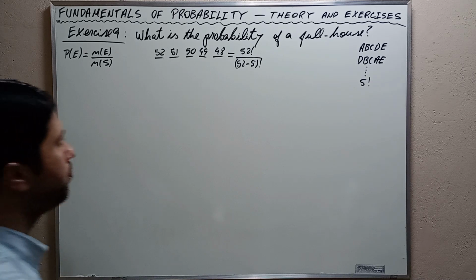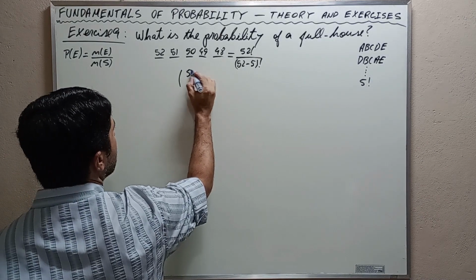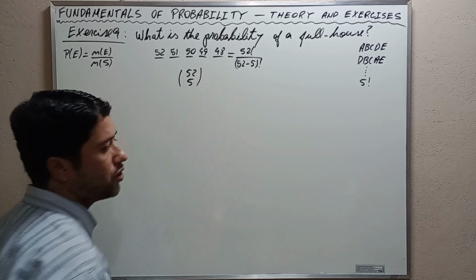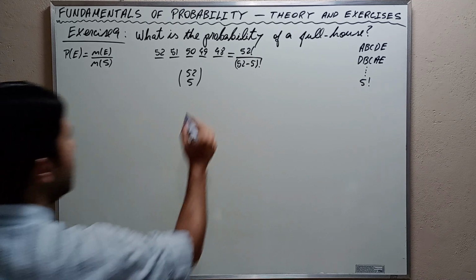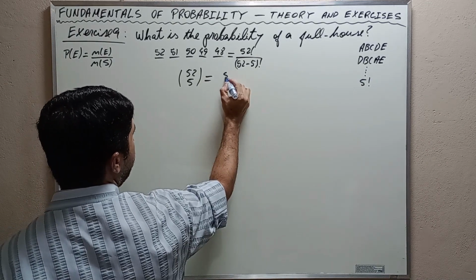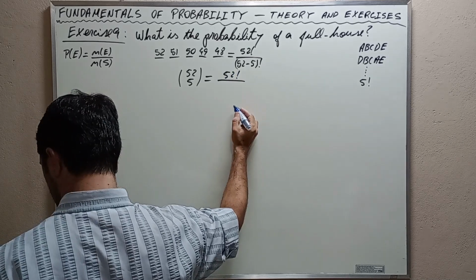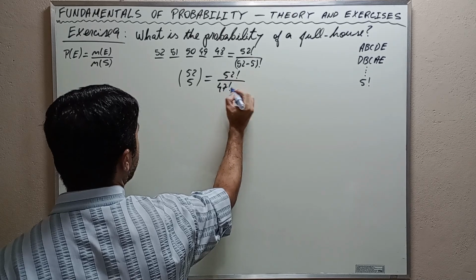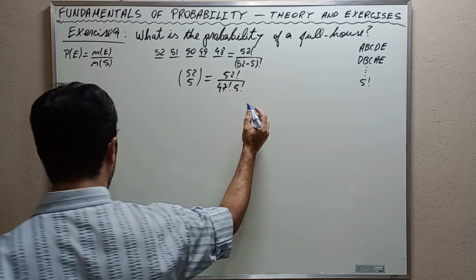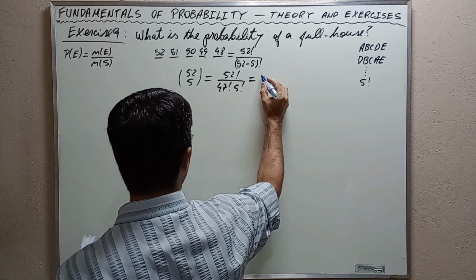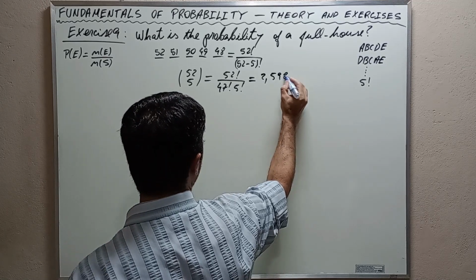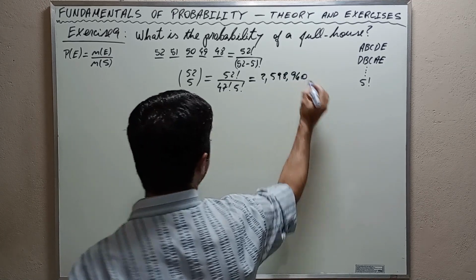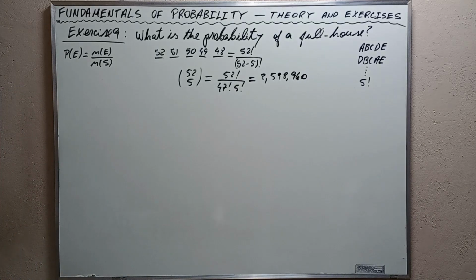Then our sample space is going to be the combination of 52 cards taken 5 at a time, and this is equal to 52 factorial divided by 47 factorial times 5 factorial, and this is a very big number, 2,598,960. This is our sample space.